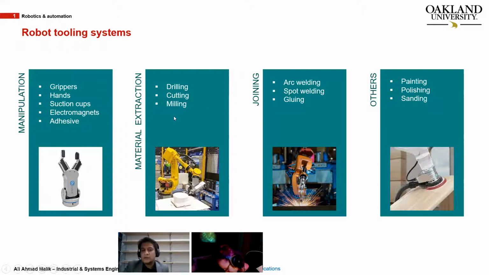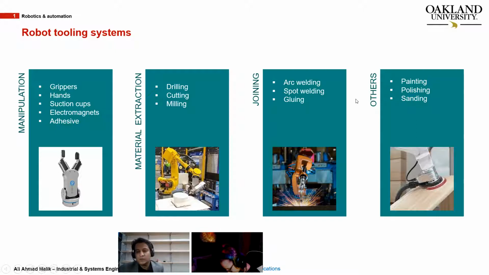Then there are tools that are used for material extraction or some type of machining process, for example drilling, cutting, milling. These are different types of end effectors or tools that are used with a robot for these machining purposes. A lot of applications, particularly in automotive, involve joining with robots, like arc welding, spot welding, gluing.